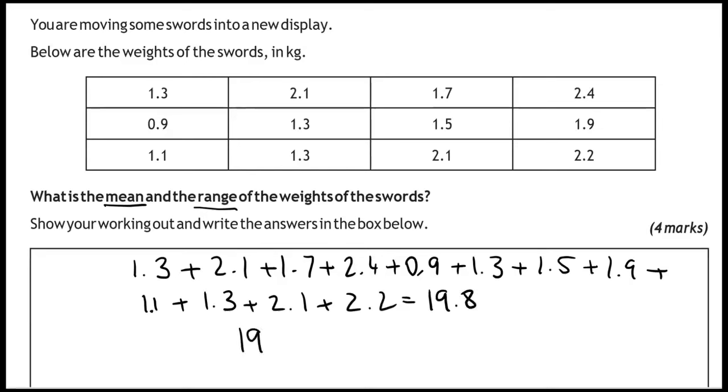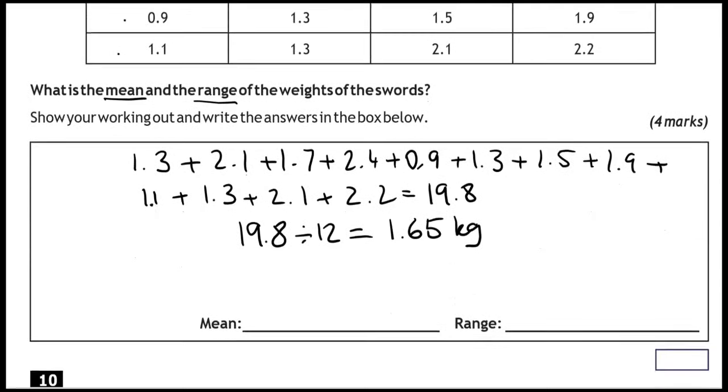Then we're going to divide this by how many there are, which is 1, 2, 3, 4 times 1, 2, 3, 12. So divided by 12, which gives us 1.65 kilograms. So we've got the mean.